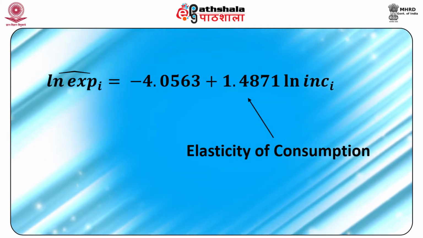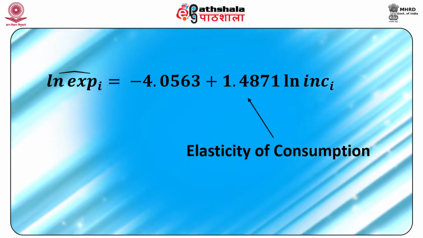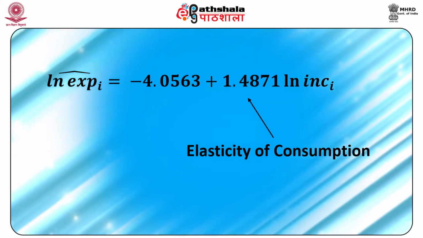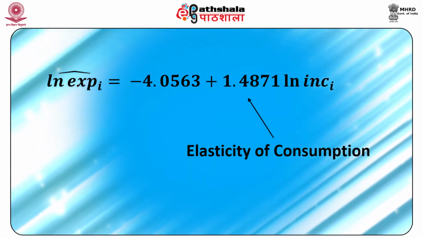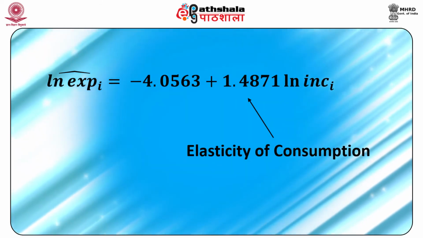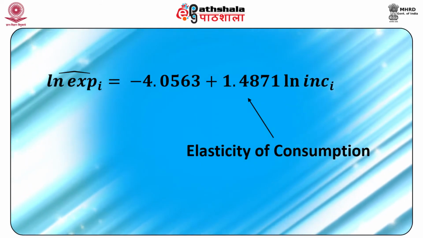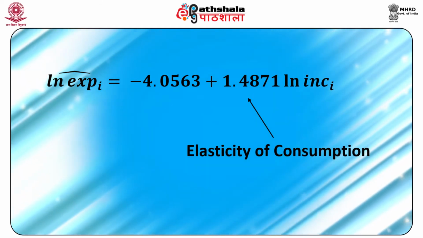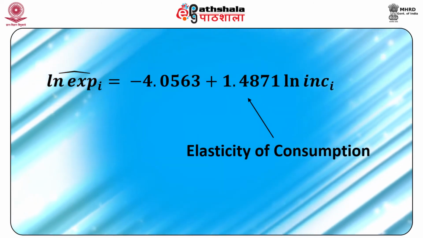This result is based on data collected from different individuals. Here we find that the elasticity of consumption expenditure with respect to income is about 1.5. Exactly it is 1.4871, indicating that if income increases by 1%, then the expenditure increases by 1.5%.